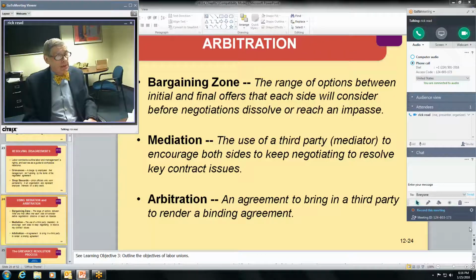We see this quite frequently in sports, especially in Major League Baseball, where there's salary arbitration, and the arbitrator has a choice to either rule in favor of the baseball club or in favor of the player.